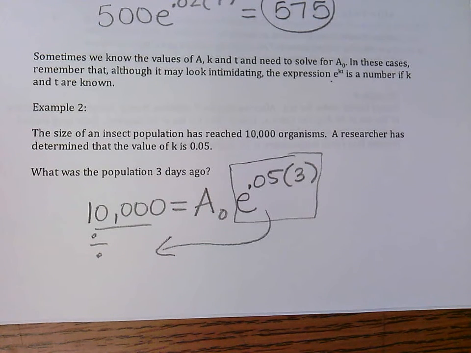So take e to the 0.05 times 3, then take 10,000 and divide by what you just got. You should get a number that's less than 10,000. So if someone gets it, tell me what you got as your original population.